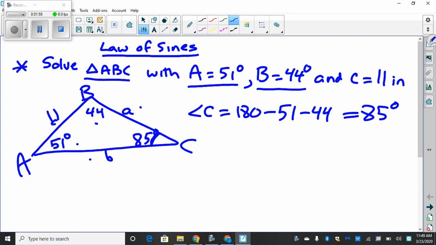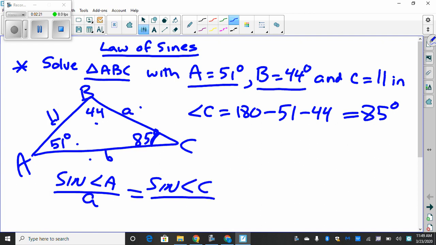Now remember, the law of sines states that the sine of any angle, like let's say angle A, divided by its side, little a, so these letters are the same, only capital for the angle, small letter for the side, is going to equal the sine of any other angle. So let's just say angle C over its side, which would of course be 11.